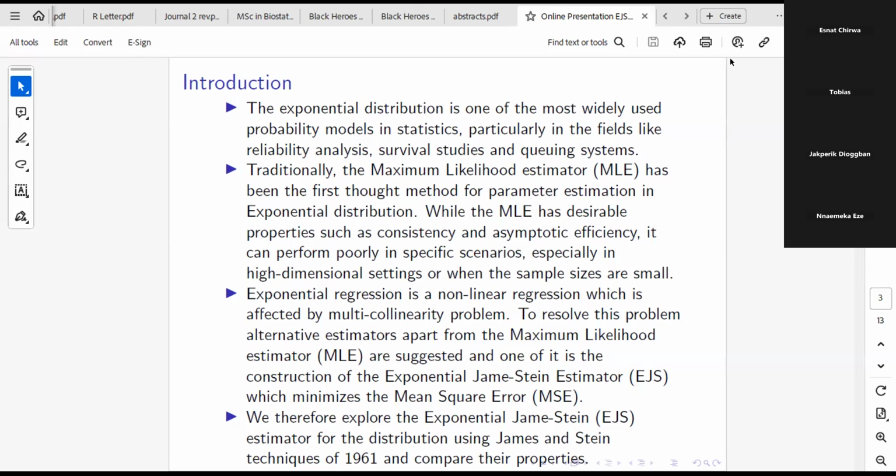Therefore, in a quest to study the gemstone estimator for the exponential regression, first we would look at the maximum likelihood estimator for the exponential regression.